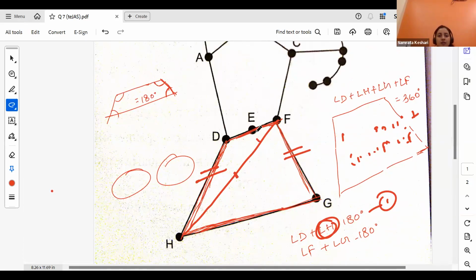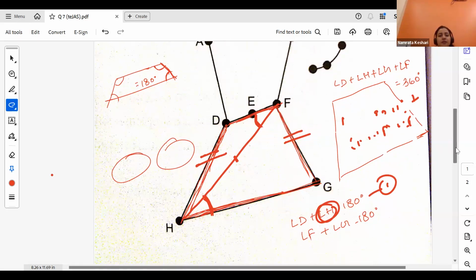Yes, one of the angles we can see. This angle and this angle will be the same, right? Alternate interior angle, yes or no?